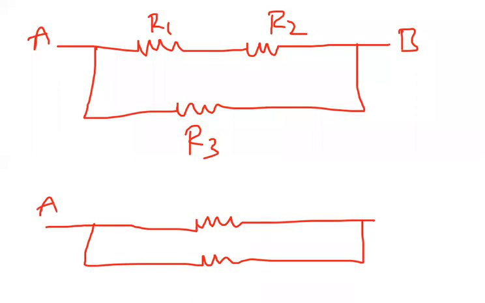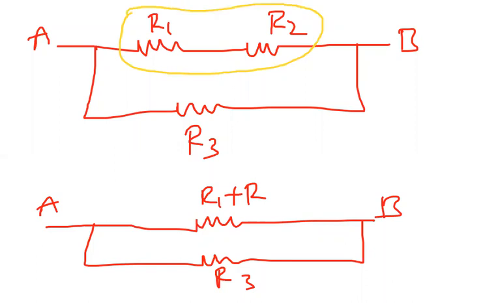What is the value of that resistance? Here R1, R2 are in series, and series means we write R1 plus R2. So instead of that, the effective resistance I am writing here is R1 plus R2.